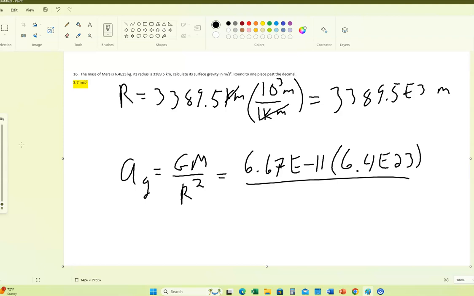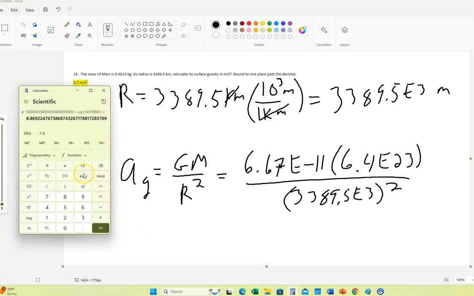And then we divide by the radius, right? So 3,389.5 times 10 to the third, but you got to square that. All right, so that's the way this formula works. Let's put the numbers in, and we're going to round to one place past the decimal. So hopefully we'll get 3.7. All right, let's take a look at that.